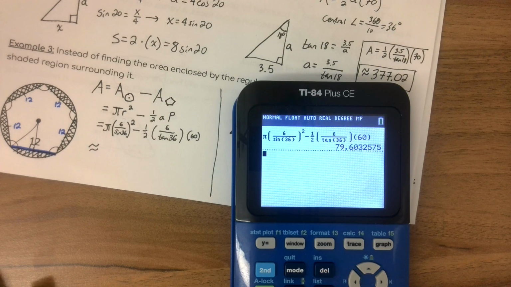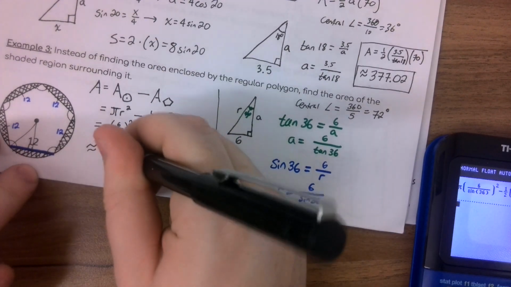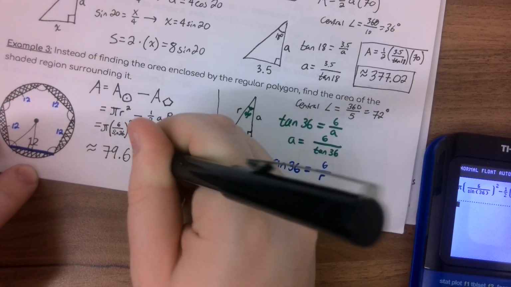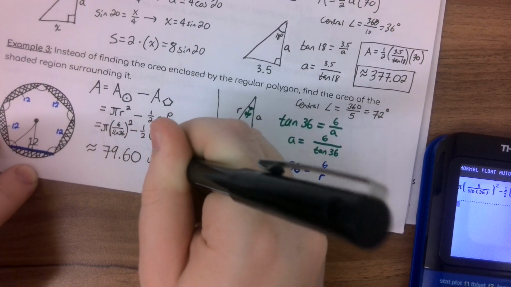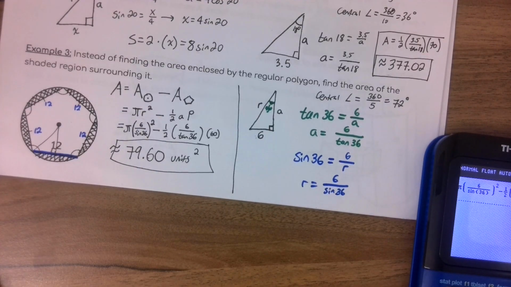The area of the shaded region here is 79.60. Done and dusted. Units squared. Very nice.